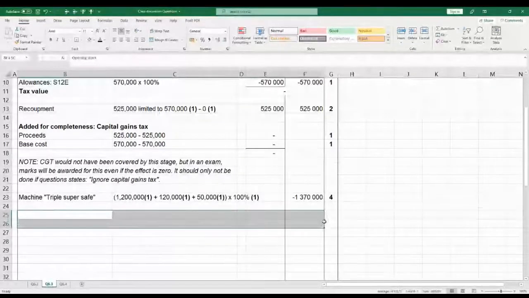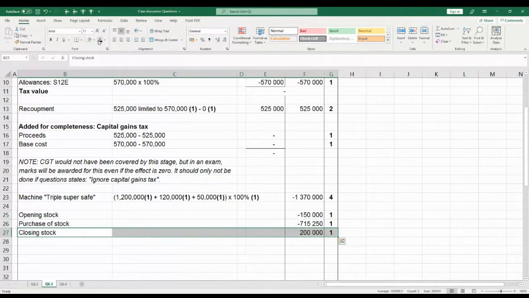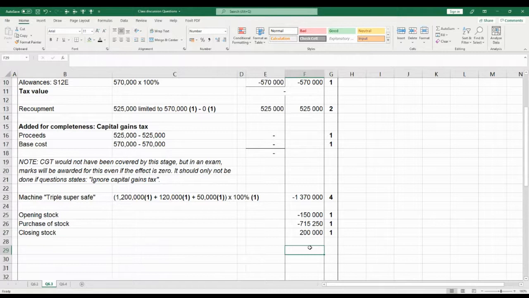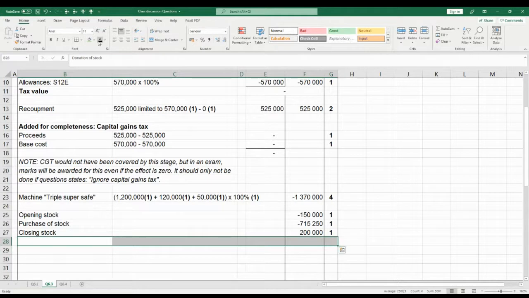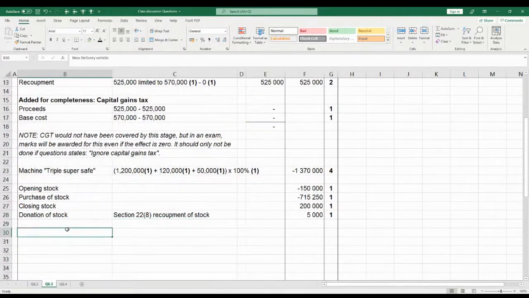Okay, so we said opening stock, we deduct, closing stock, okay, purchases we deduct, and closing stock we add back. Okay, so that was the information they provided. Then we said for the donation of stock, because it's not to a PBO, we will recover it at the market value because it was not a Section 18A donation.